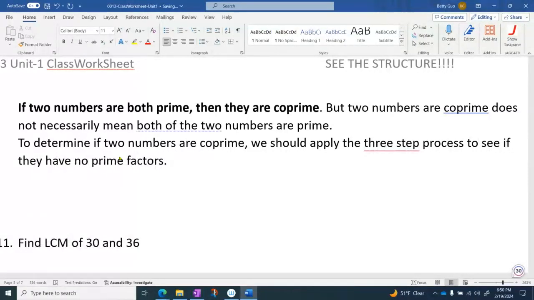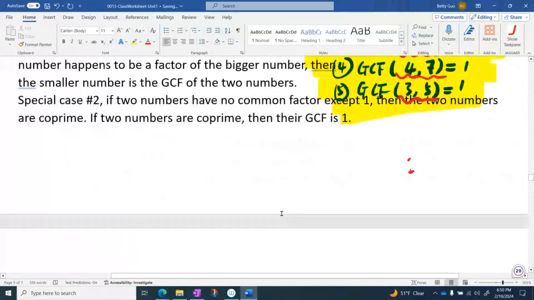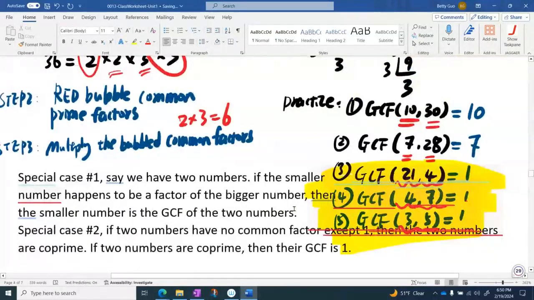Only when they have no prime factors are they coprime, and the GCF is 1. Please let me know about those paragraphs, those conclusions.